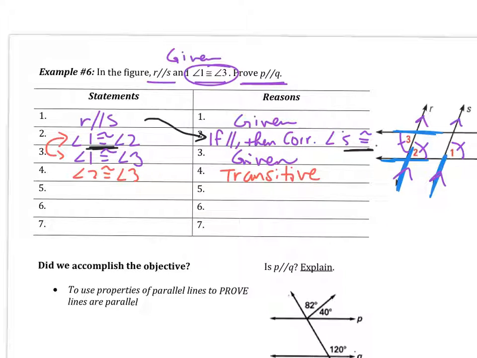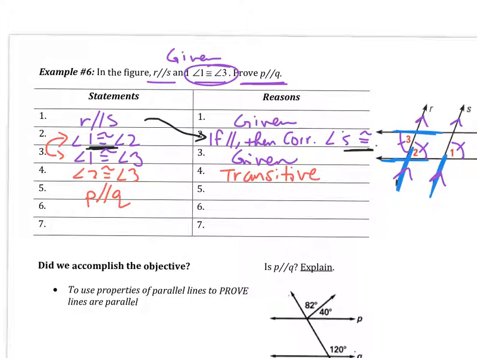Okay? All right, so now we've got it marked that 2 is congruent to 3. Do we have enough information to now say that P is parallel to Q? Yes. Why would P be parallel to Q? What type of angles are 2 and 3? Alternate interior angles.